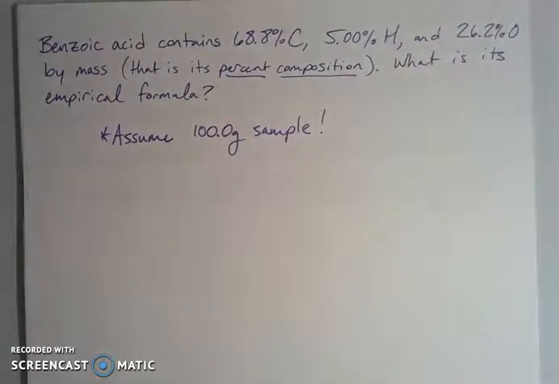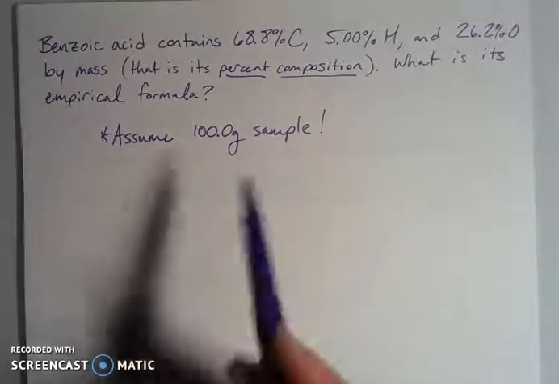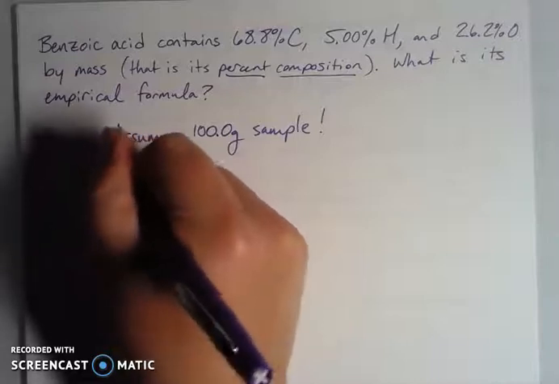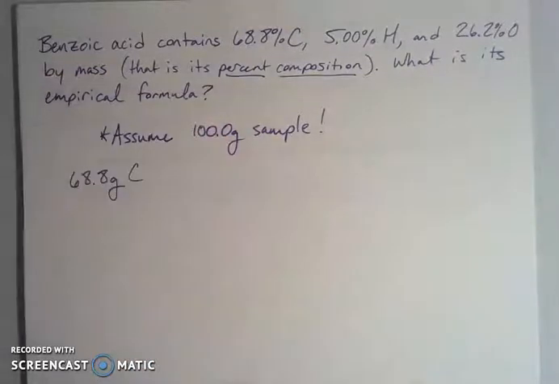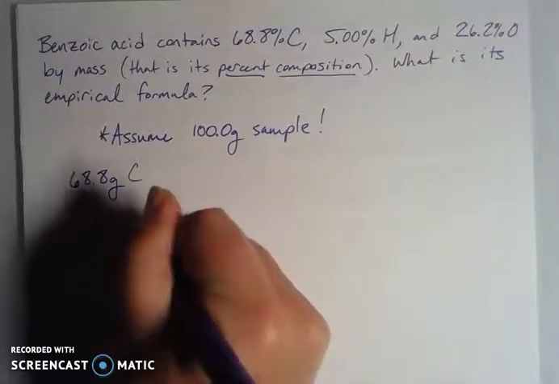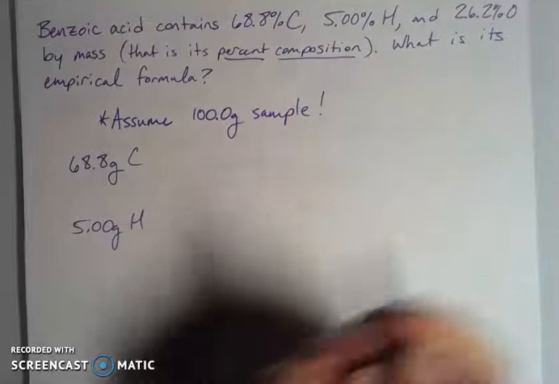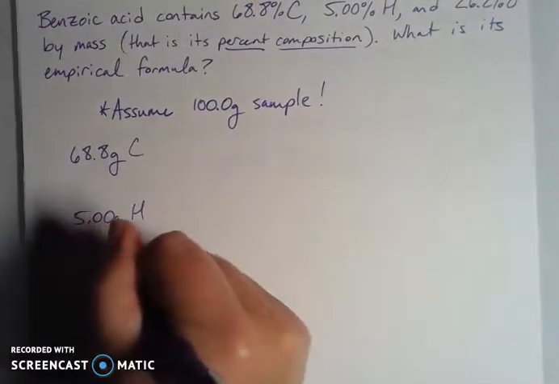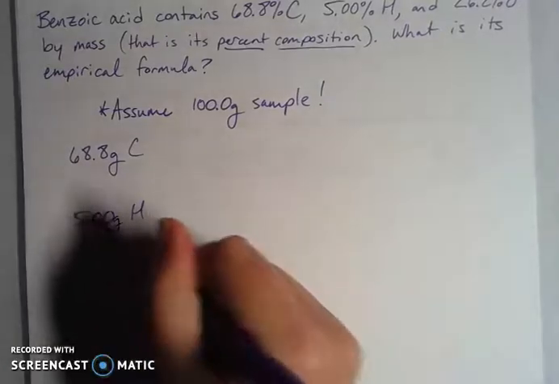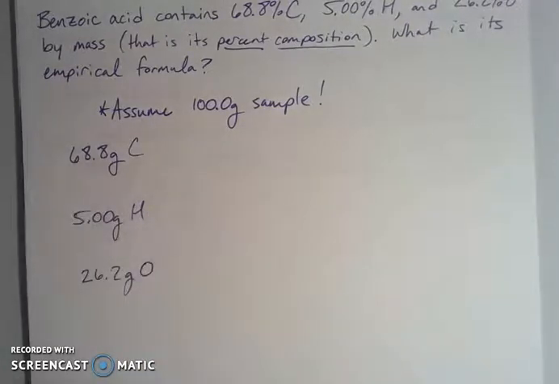If you assume a 100-gram sample, then your percentages actually give you masses, because if I have a 100-gram sample total, then 68.8 grams of it are carbon, 5 grams of it are hydrogen, and 26.2 grams of my 100-gram sample are oxygen. So if I know the number of grams, then we do the same operation that we did with our sulfur and our oxygen.